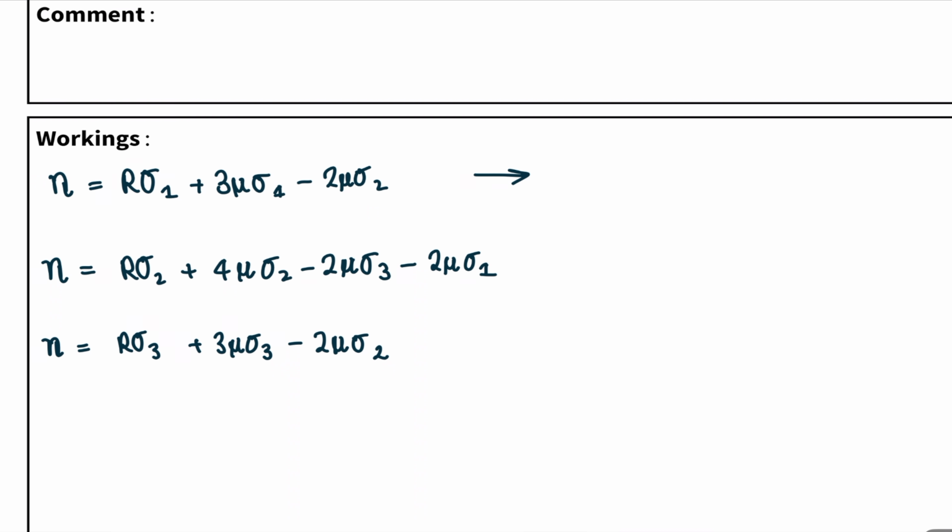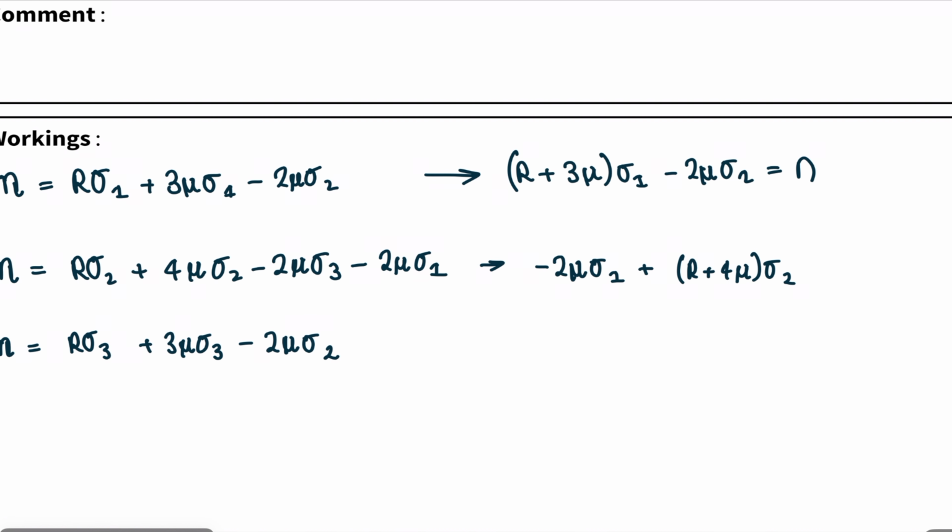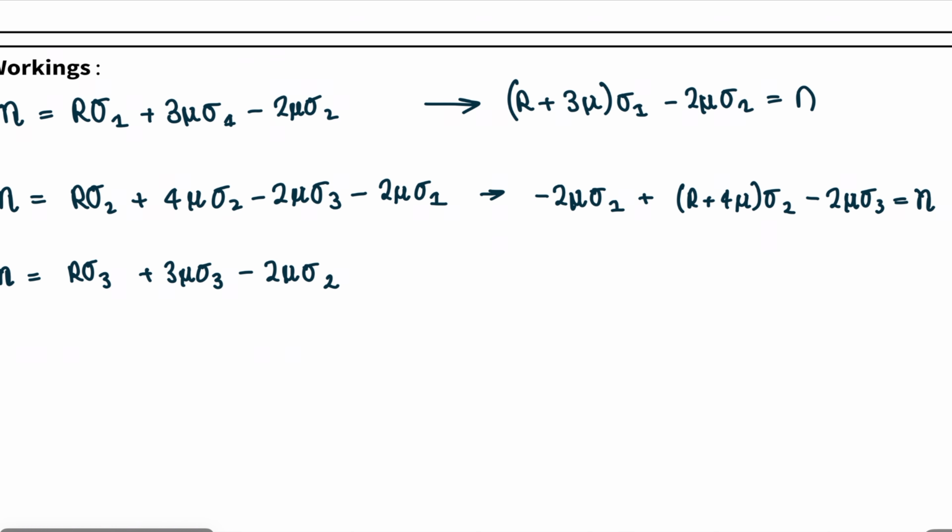This equation I will rewrite as (r plus 3 mu) sigma 1 minus 2 mu sigma 2 is equal to eta. And this equation I will rewrite as minus 2 mu sigma 1 plus (r plus 4 mu) sigma 2 minus 2 mu sigma 3 is equal to eta.